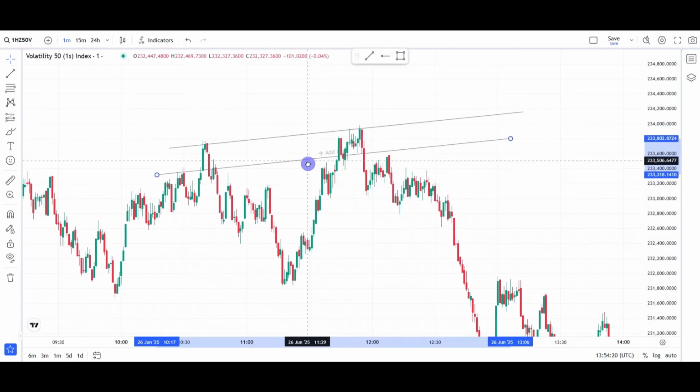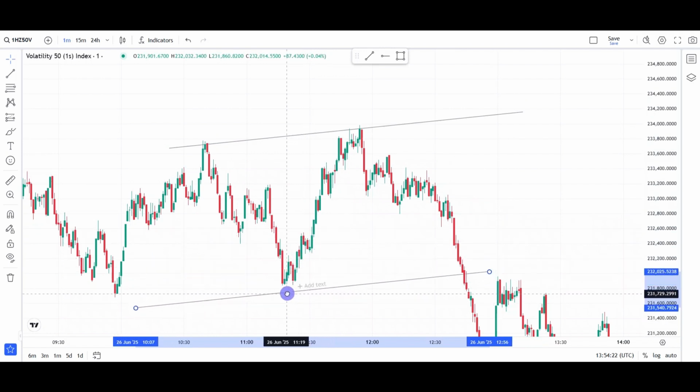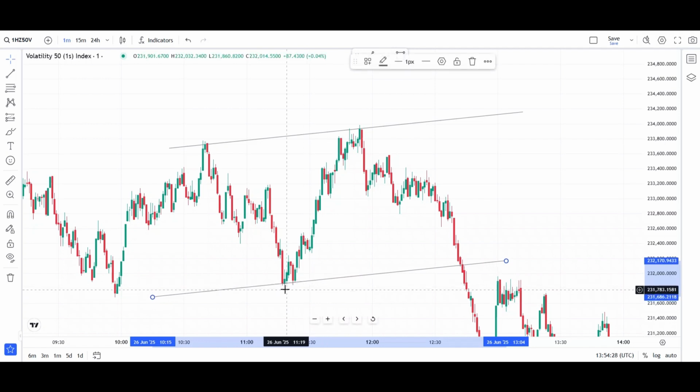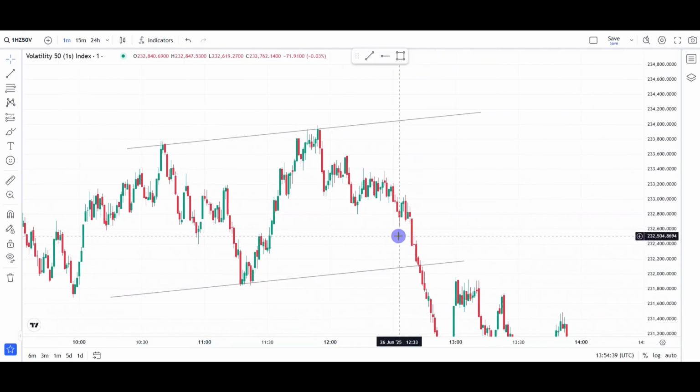You're going to put it right here, at the midpoint. You do the same thing on this bearish close, right? See what happened? It respected it, and then it went higher and whatnot. So yeah, you see what happened.